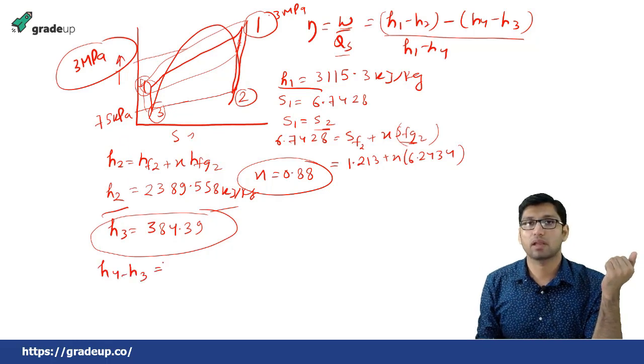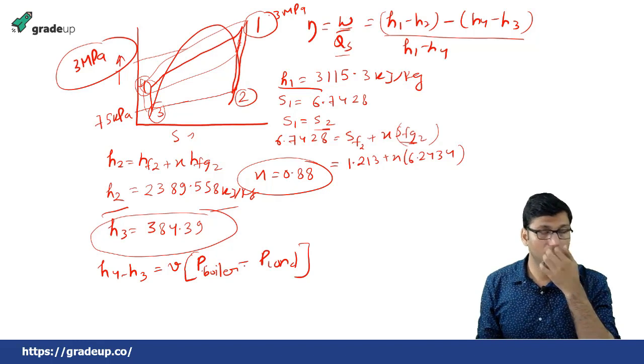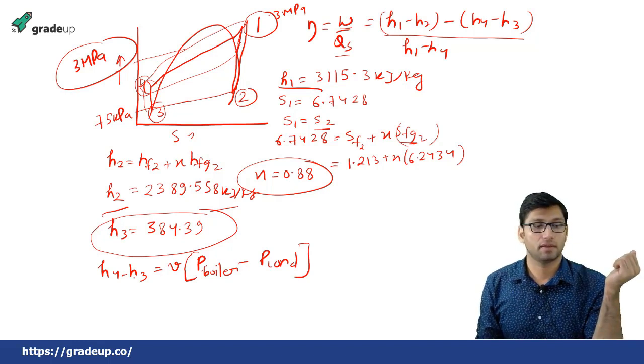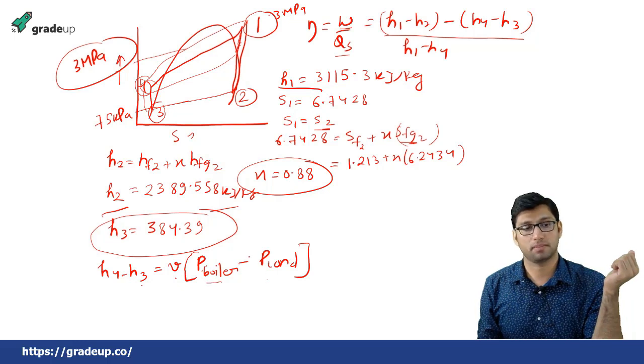The pump work is also equal to the specific volume times the boiler pressure minus condenser pressure. I told you this in the video lecture on steam turbine.